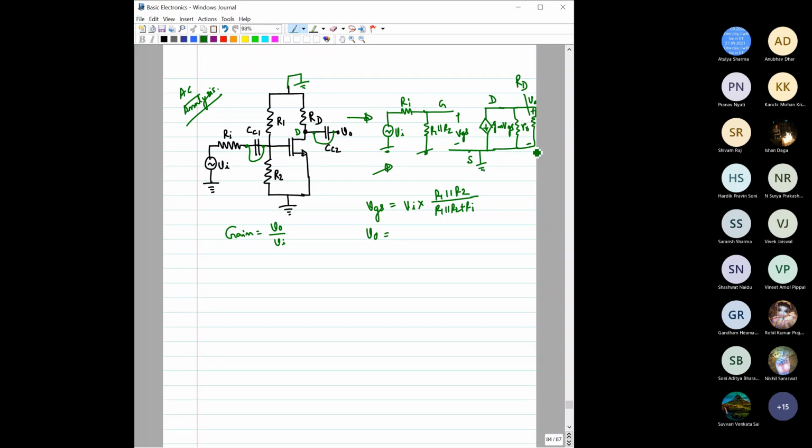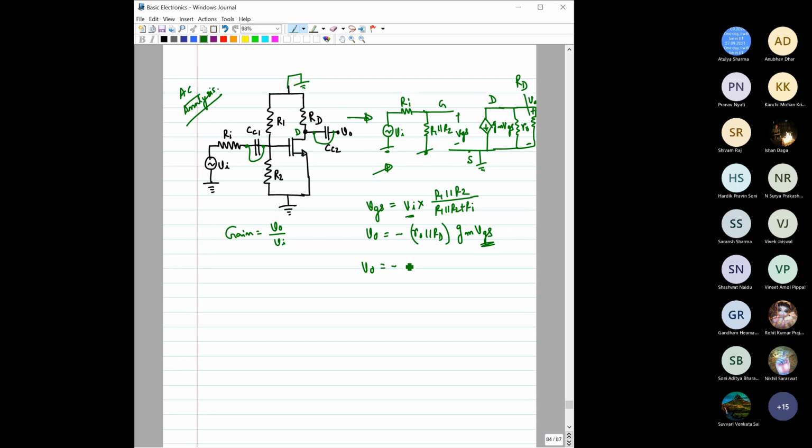These two resistances are in parallel, and this much current, gm VGS, is flowing through it. So V output can be written with a minus sign, because if the current flows, this would be positive and this would be negative. So it is minus R naught parallel with RD into gm VGS.